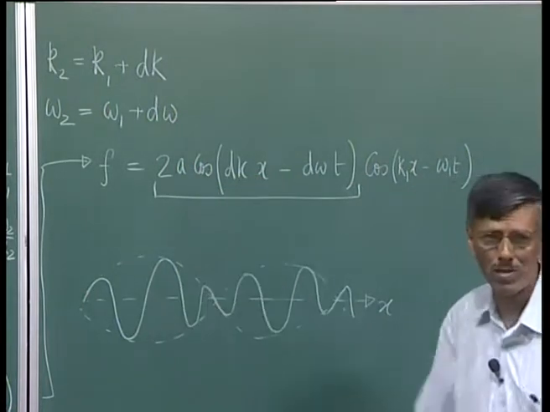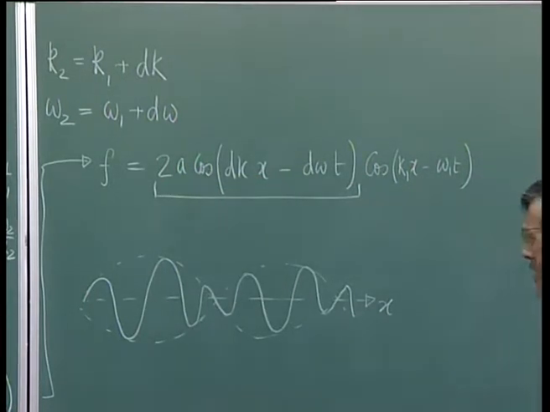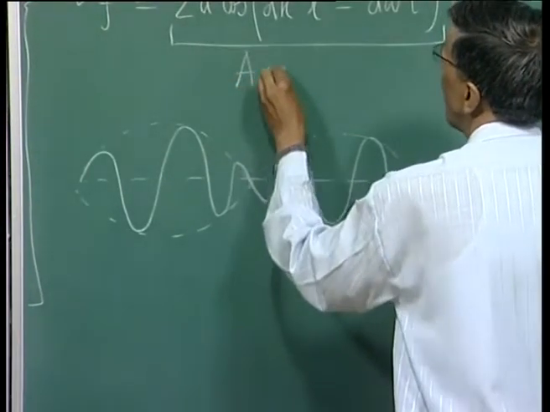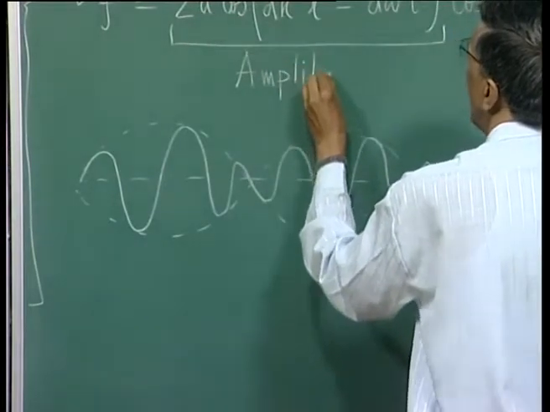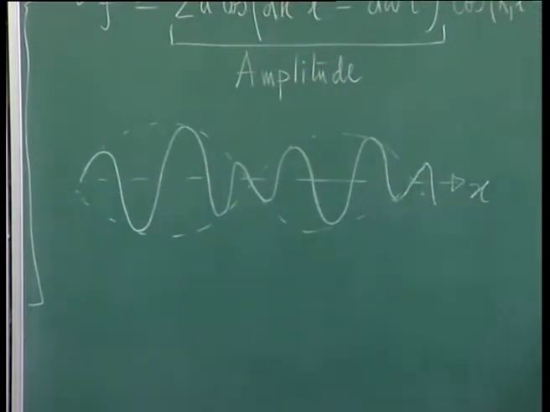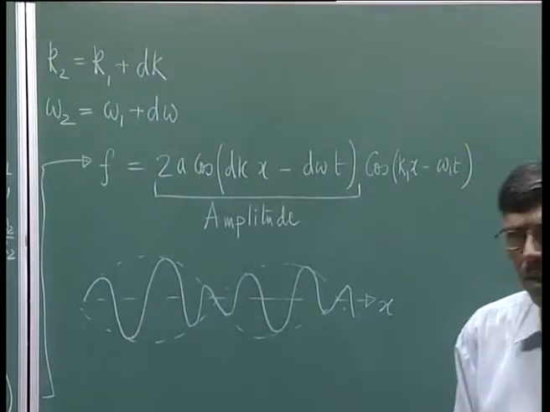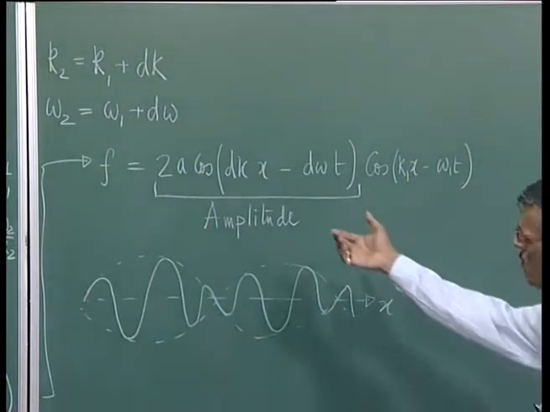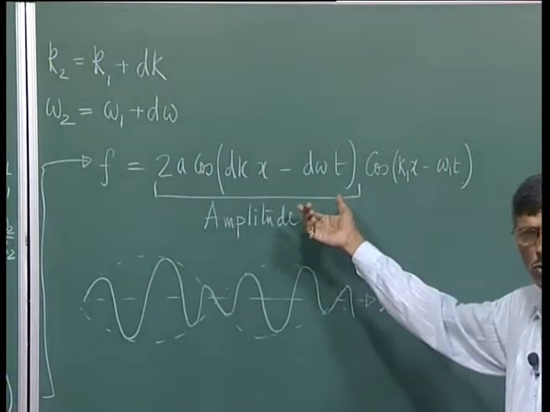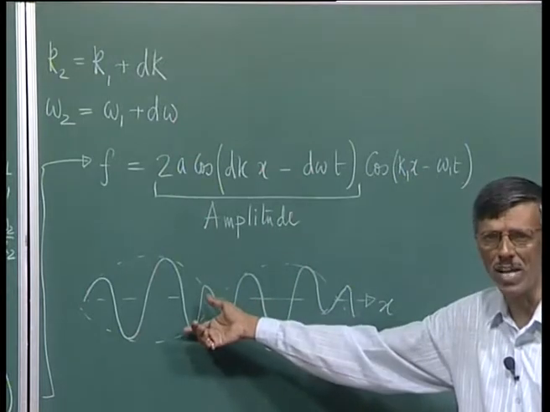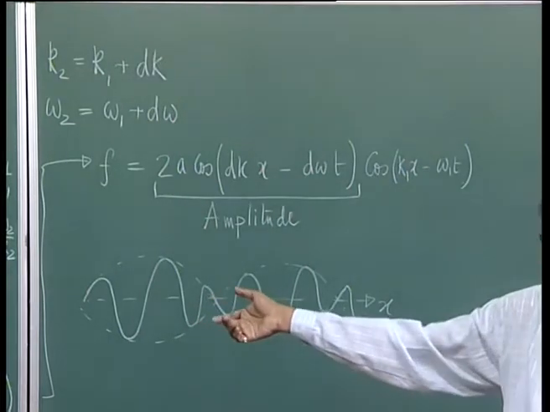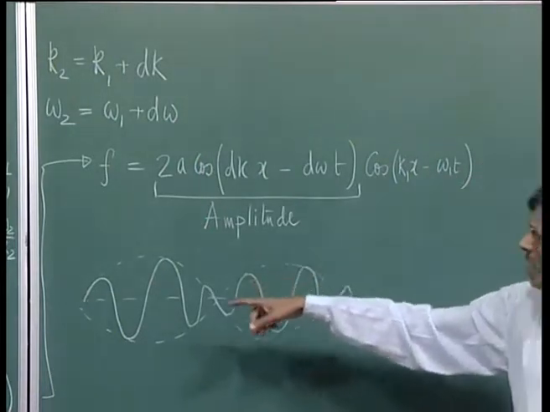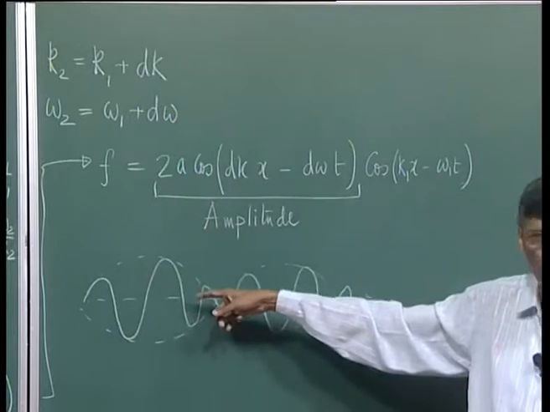So, basically this is a slowly varying amplitude, and this idea was brought to us by Hamilton, and later on it was refined by Rayleigh. We notice that these two signals get modulated. This is what we call modulation: two constituents getting modulated, and their amplitude traversing twice that of the individual constituents.